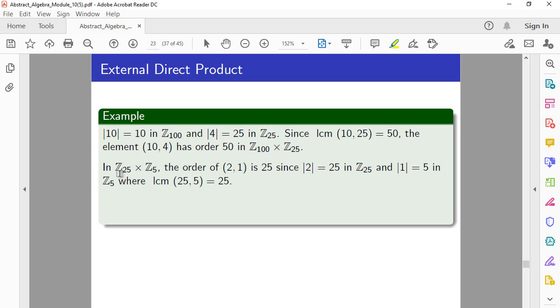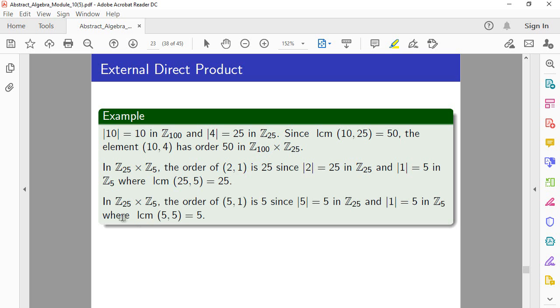In the external direct product of Z25 and Z5, the order of (2, 1) would be 25, and the reason is the order of 2 in Z25 is 25, the order of 1 in Z5 is 5, and the LCM of 25 and 5 is 25.